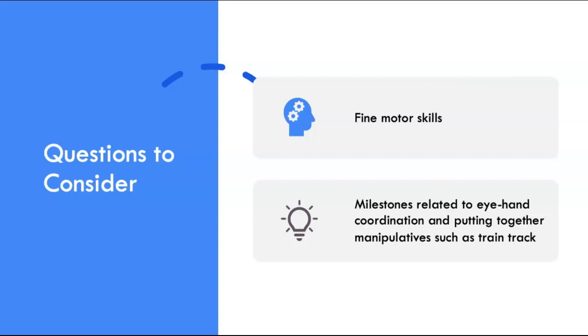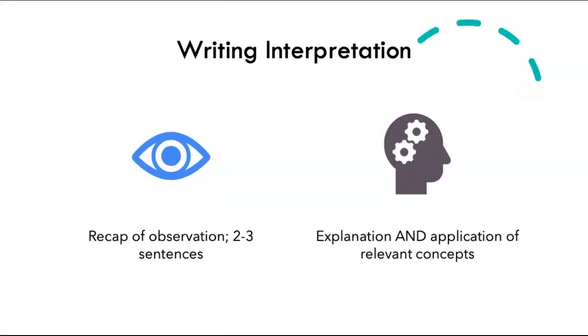After you've answered these questions for yourself, then you're going to get ready to write the interpretation. So when you're writing an interpretation, a nice formula for you to have is do a recap of the observation, and that recap is short, no more than 2 to 3 sentences, combined with an explanation and applying relevant concepts.